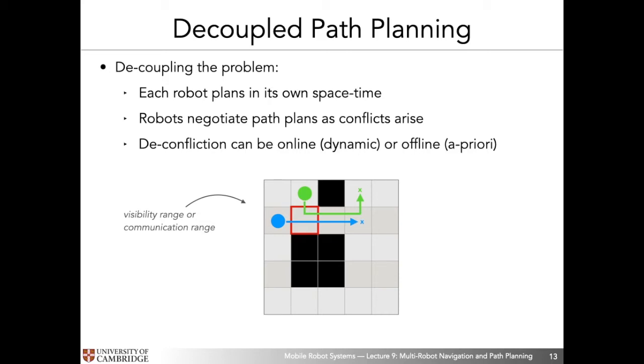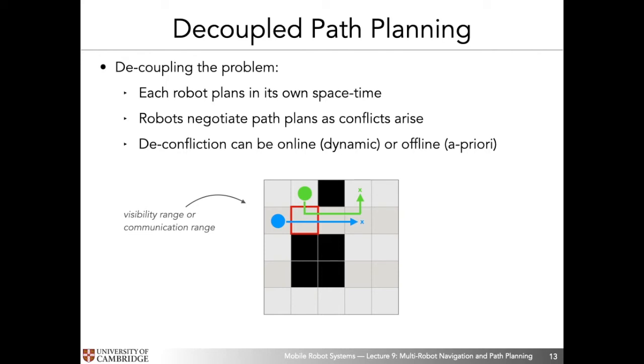So this is an ad hoc prioritization that would have to take place in the case of an oncoming collision. And further to this, we can deconflict robots online, as the collisions and conflicts appear to be arising, or we can solve this completely offline, a priori, before the robots start moving.